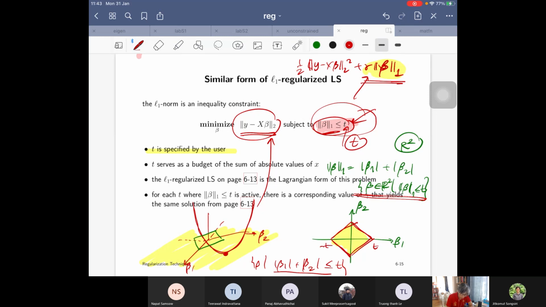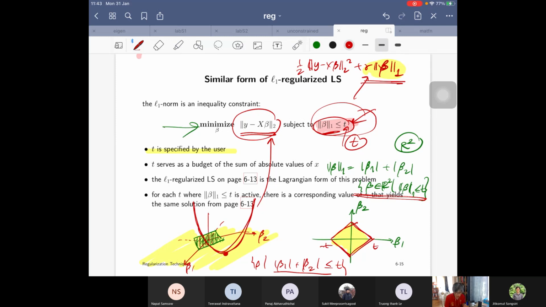So what I represent here is that when you have L1 regularization in this form, you only allow yourself to look at the green region, and find the candidate in the green region that gives you the minimum value of the surface of this cup.